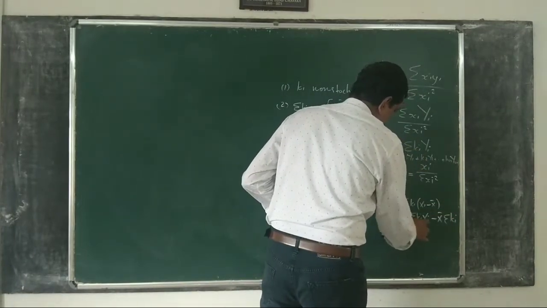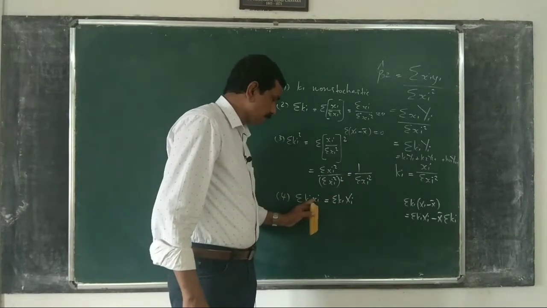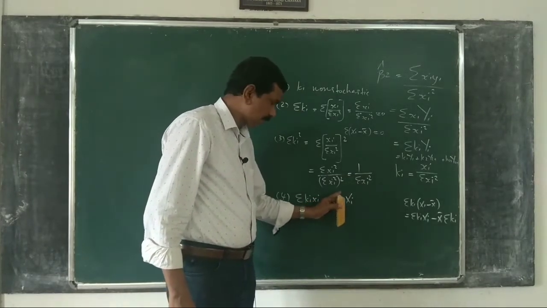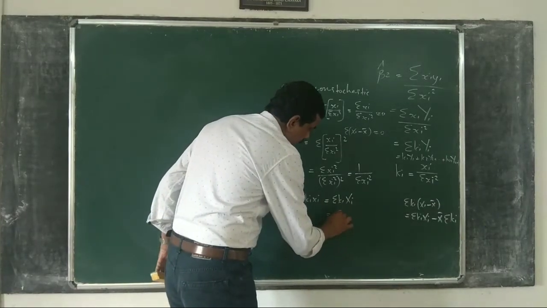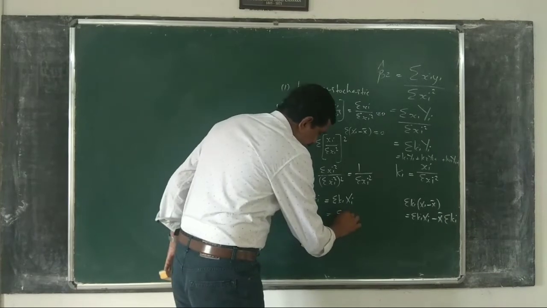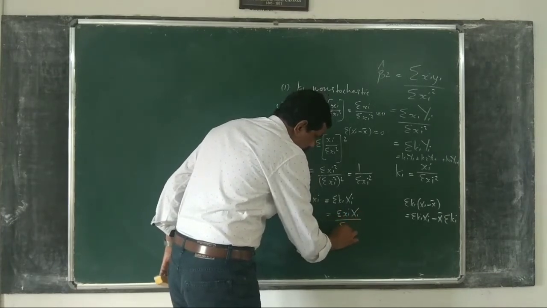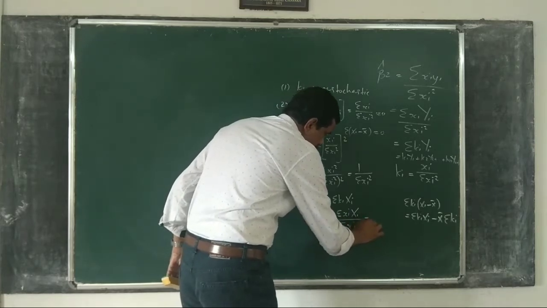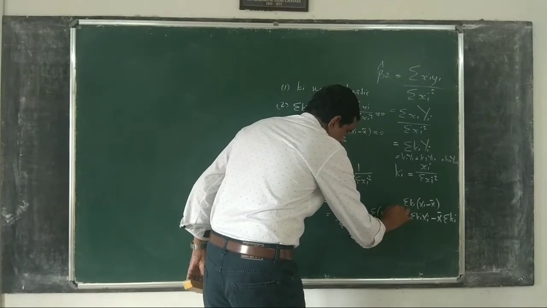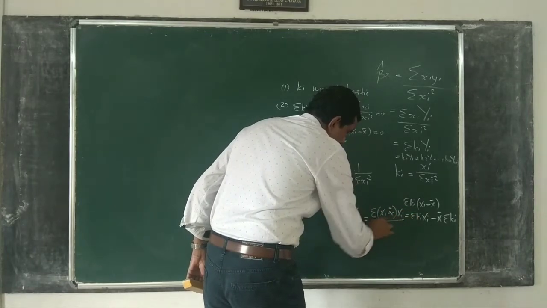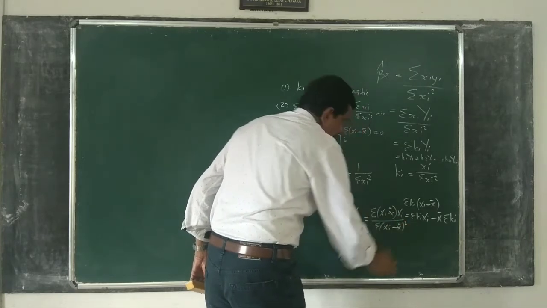So it is equal to sigma ki capital letter Xi. Sigma ki small letter xi is equal to sigma ki capital letter Xi, which is equal to sigma xi by sigma xi square. This is equal to sigma of Xi minus x bar into Xi by sigma of Xi minus x bar square.